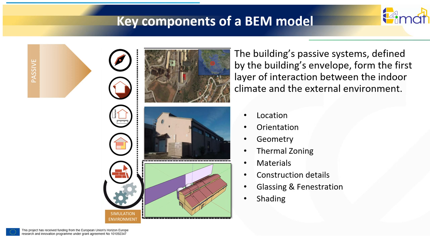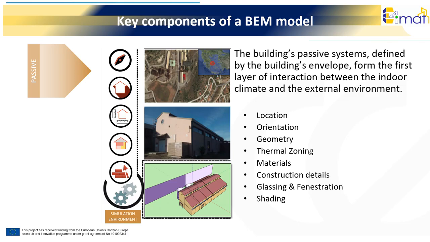A crucial part of passive systems lies in the correct introduction of materials, constructions, glazing, and fenestration systems within the model. Material properties such as thermal conductivity, heat capacity, and airtightness determine the envelope's ability to resist heat flow and store thermal energy. Construction details, including insulation placement and thermal breaks, affect the envelope's energy efficiency, its infiltration qualities, and condensation.